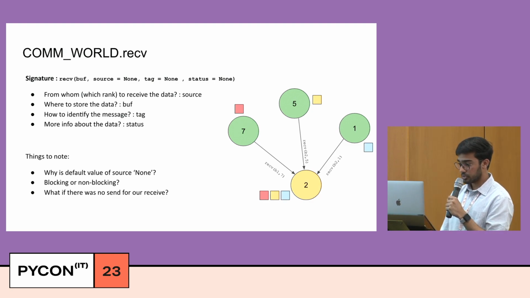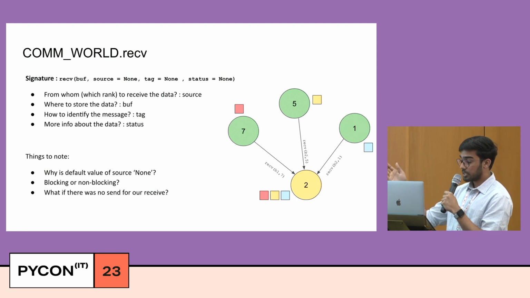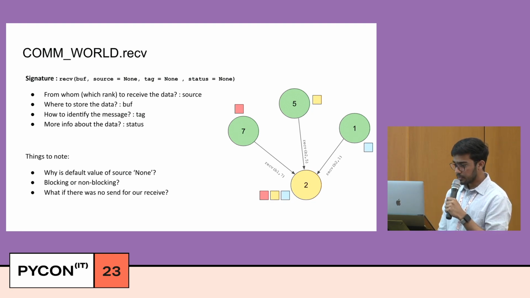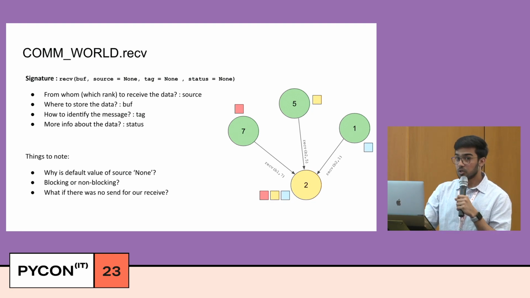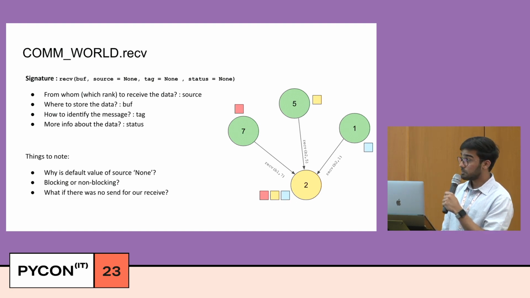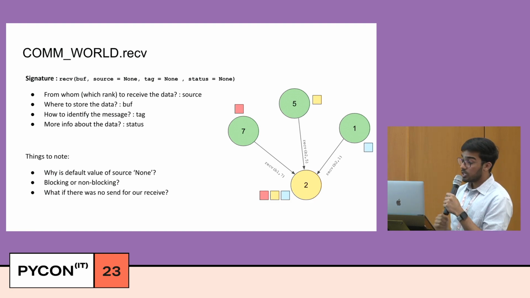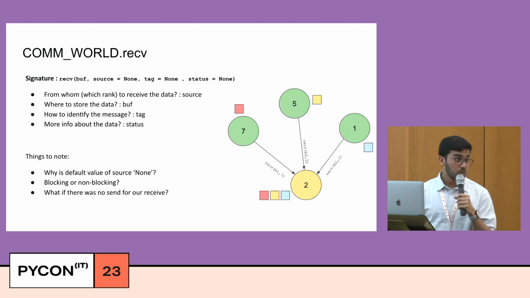So why are they optional? First, before that, let's just look at how it would look in practice. If 2 would like to receive a message from 7, it would do like so. It receives 3 messages from different processes. Now, when I say the source is optional, what it means is that if I do not specify a source, so if 2 executes something like receive B1, what would actually happen is any process that has executed send, 2 would keep that data without caring about who sent it.